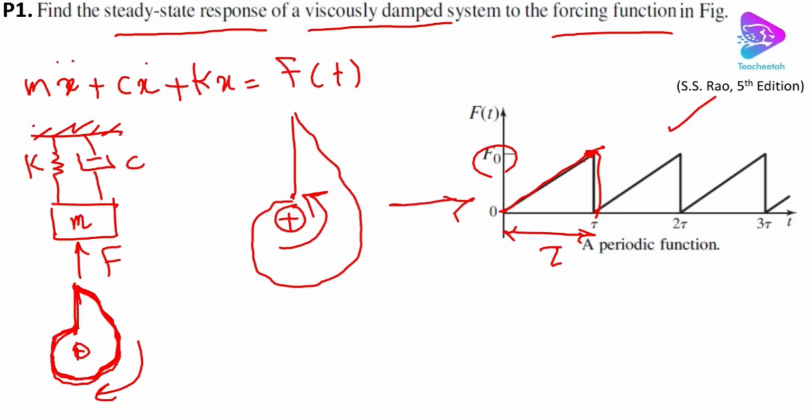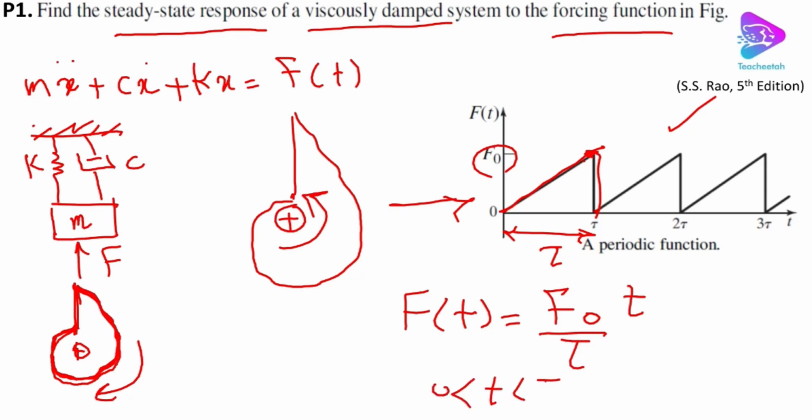So for each period, we know that F(t) is pretty simple and follows a linear function, which is F naught t divided by tau. So F naught and tau are known, and t is time, right? And t changes from 0 to tau for each period.